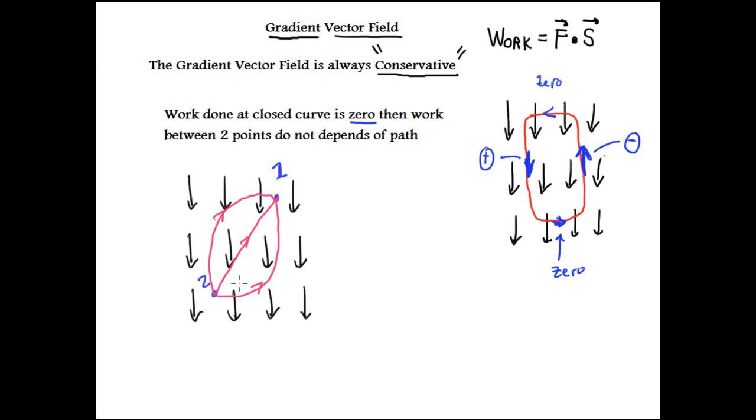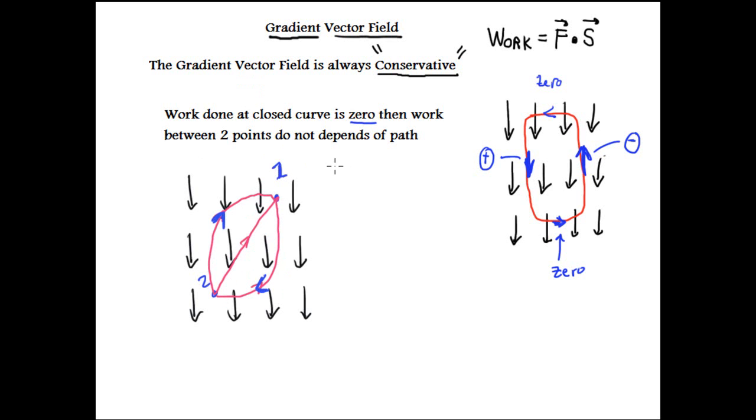It is obvious that in the closed curve, the work is 0. Therefore, the work done to go from 2 to 1 is completely independent of the path. Because suppose I select this trajectory, I go in the opposite direction. This is 0.